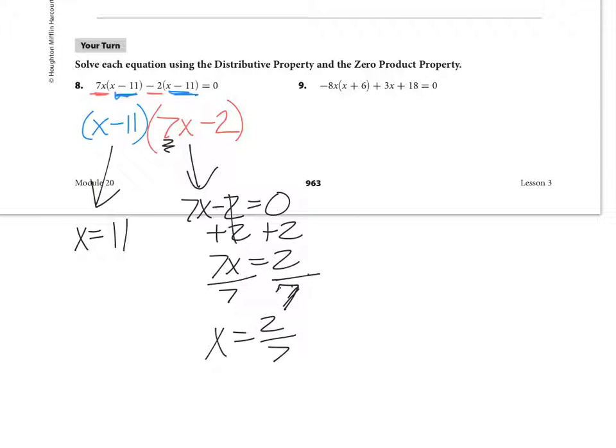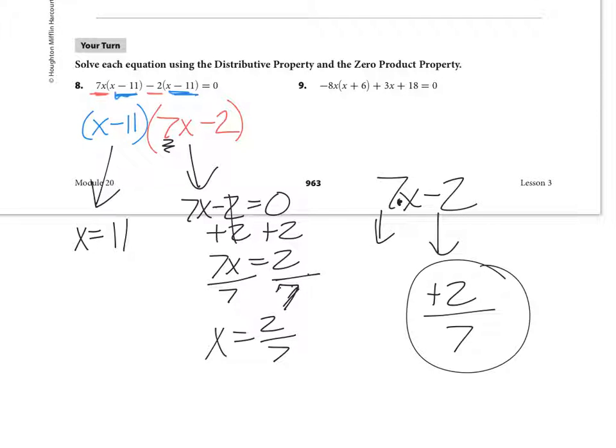Now if you did this on the calculator, you would get a decimal. Another way to do this is just to think, okay, 7x minus 2, do the opposite of both of these, because when you solve, you always do the opposite. What's the opposite of subtract 2? Add 2. What's the opposite of multiply by 7? Divide by 7. And there's your answer.